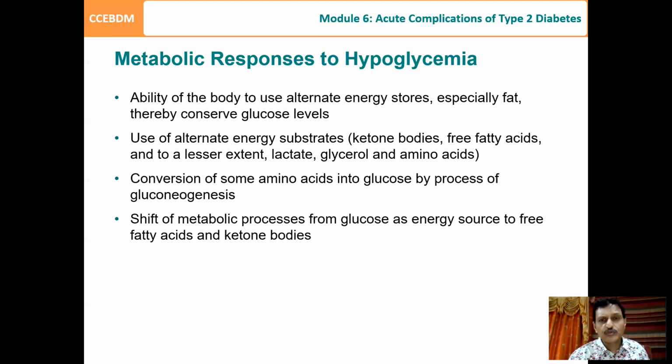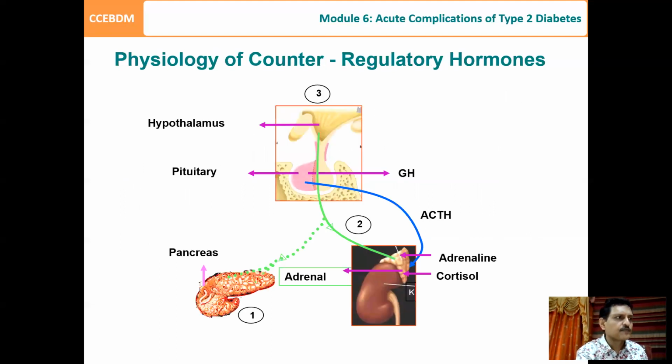Also, as I've told you, glycerol, which is a product from triglyceride, also contributes to gluconeogenesis. So the shift in the metabolic process from glucose to energy sources such as free fatty acids and ketone bodies occurs if the hypoglycemia persists for a long period of time. So there is a metabolic shift from the glucose-dependent metabolic process to the fat-dependent metabolic process.